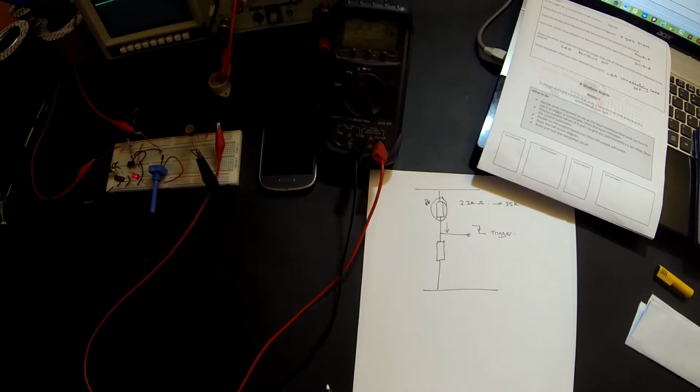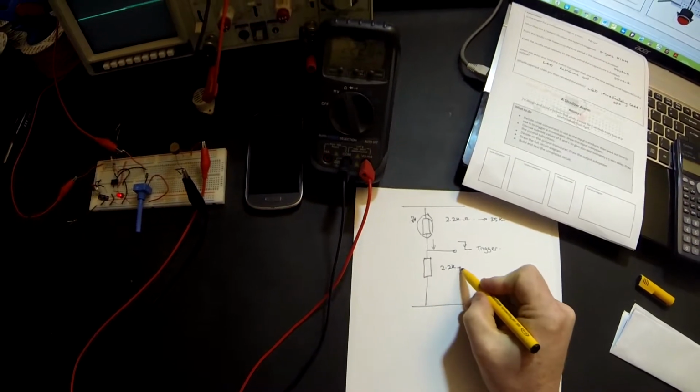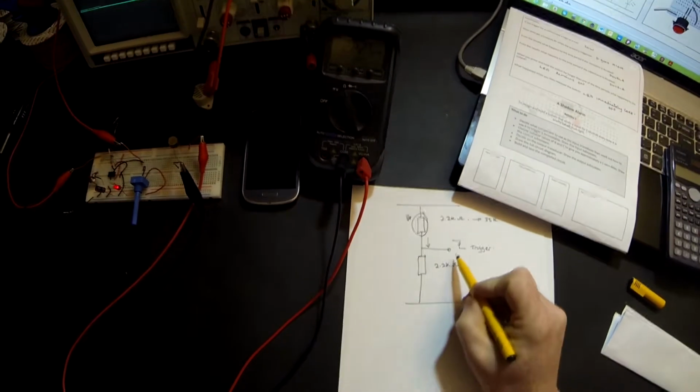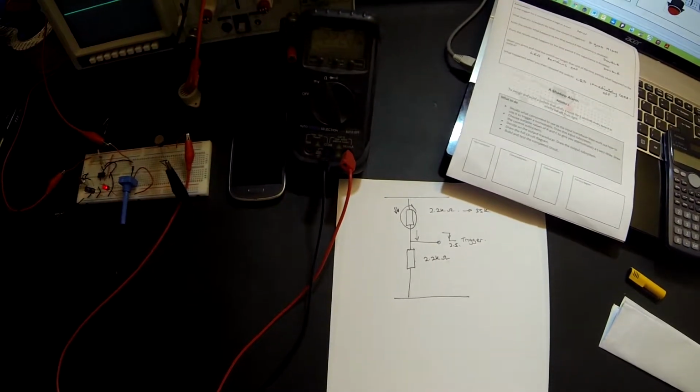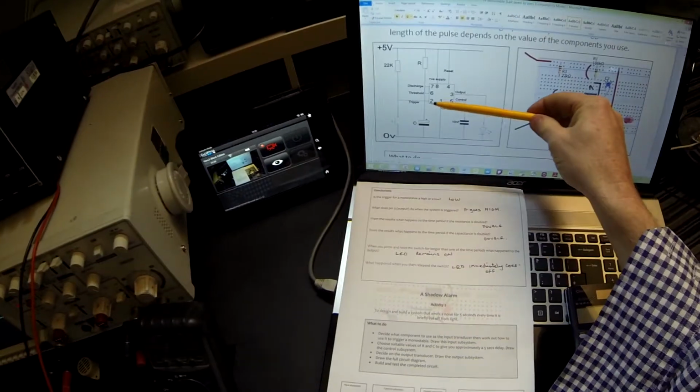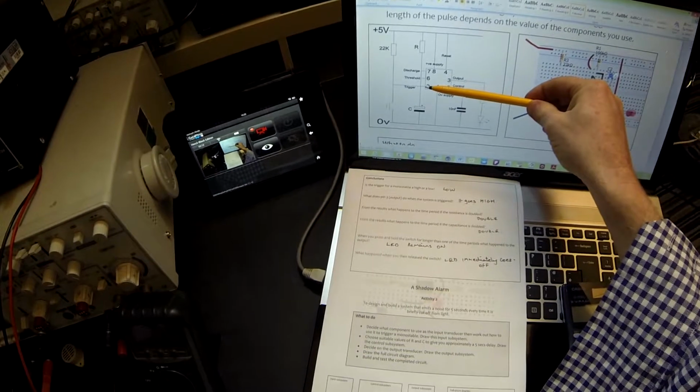So what value does this resistor need to be? Well, if this resistor was to be 2.2 k ohms, then we know that the voltage out will be 2.5 volts. Looking back at our circuit, we can assume that if we need to go low here, we may not need to go all the way down to 0.